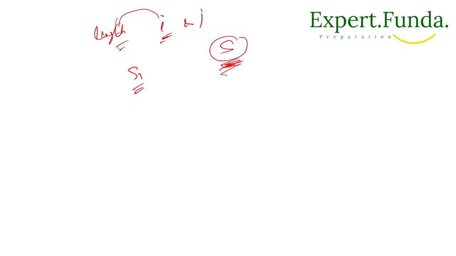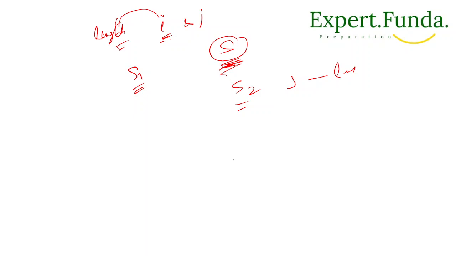Let's call this substring s. And the second one will be the string s2, starting from index j and going up to the length. Let's call this s2. In that way you have to do the swapping.